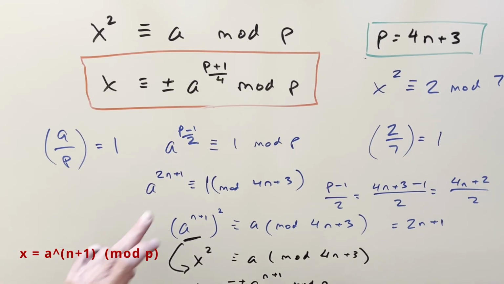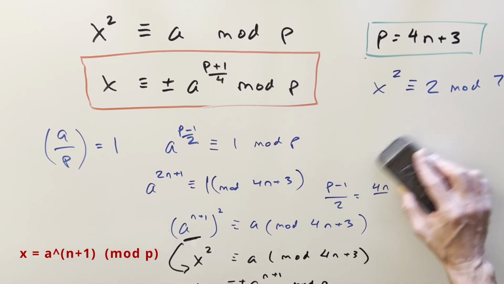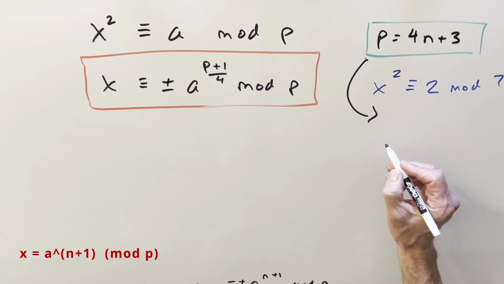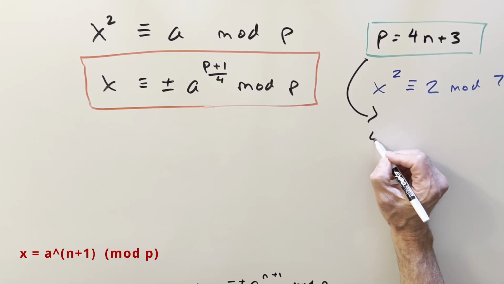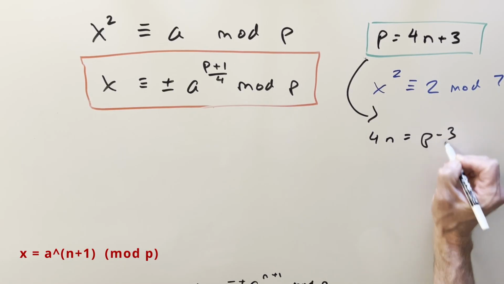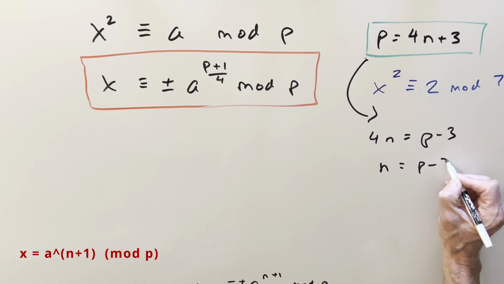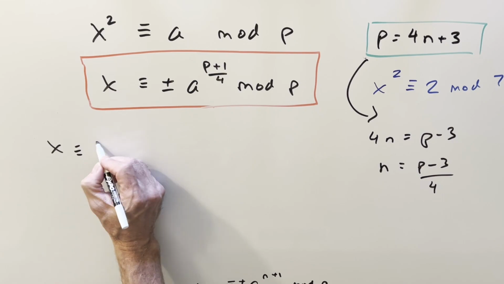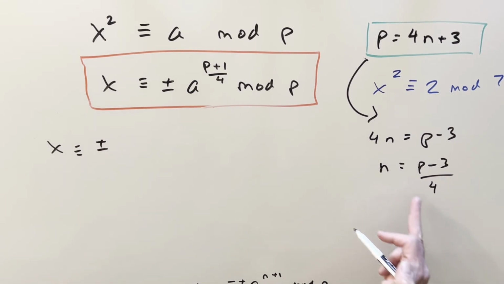Now all I want to do to finish it is get this all back to p. I mean, we could use this as a formula, but let's get it back to p using our original formula. Working with this right here, I can subtract 3 on both sides. So we have 4n equals p minus 3, or n equals p minus 3 over 4. Plug this in here.